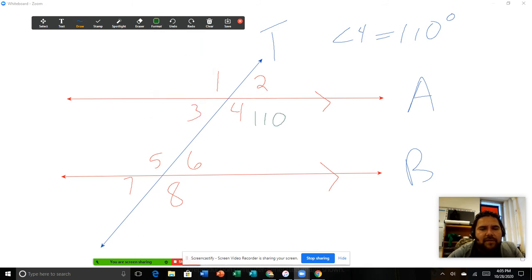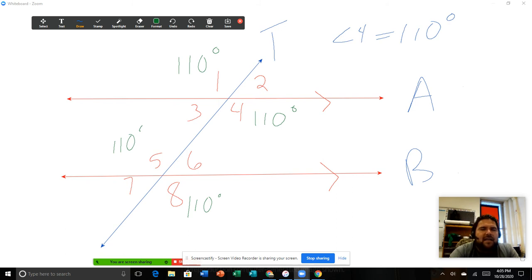Based on the fact that these two lines are parallel to each other, you should be able to tell me that angle 5 is 110 degrees. You should be able to tell me that angle 8 is 110 degrees. And you should be able to tell me that angle 1 is 110 degrees. All the obtuse angles are congruent.